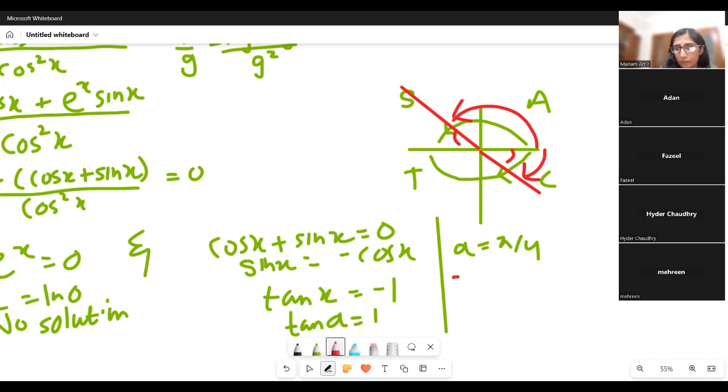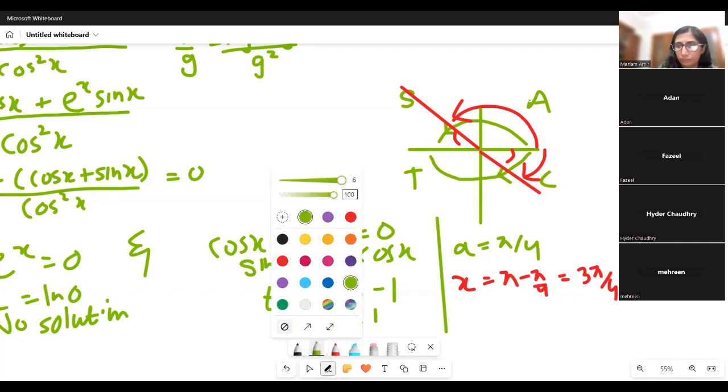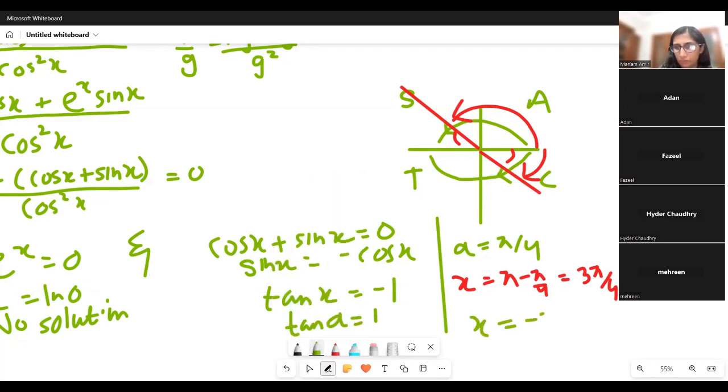So one answer is x equals pi minus pi by 4, which is 3 pi by 4, and one answer is minus pi by 4. These two should be the answer.